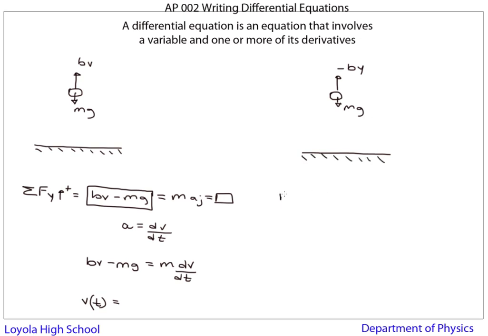I'm going to sum the forces in the y direction like we did before, and I have, this is actually a plus, not sure why I put a minus there. It's going to be by minus mg equals m a. We can cross that out.